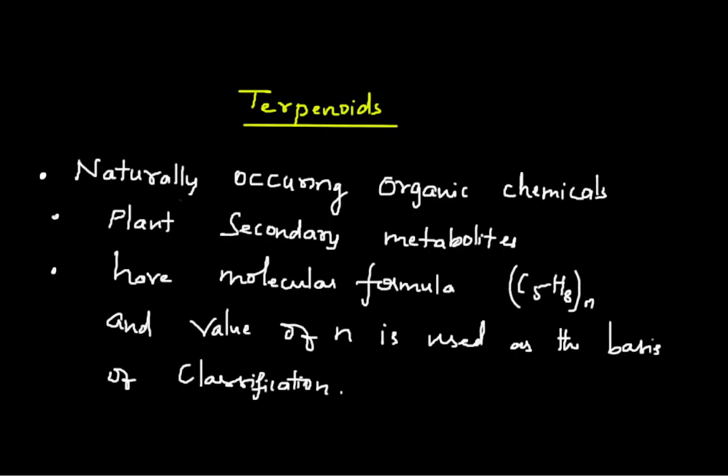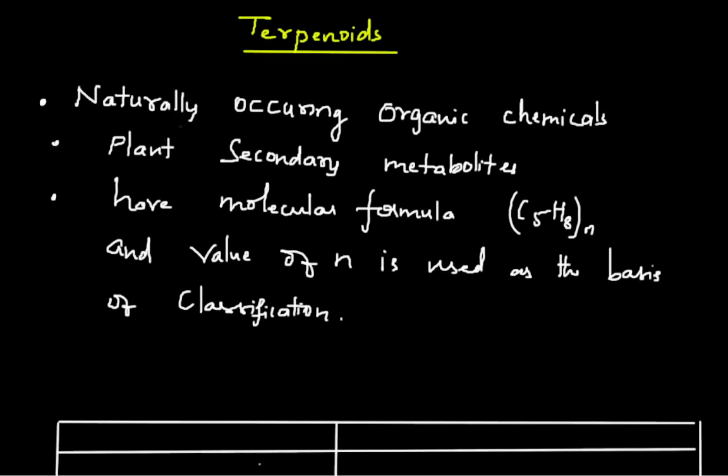So these terpenoids have been classified based on the value of N. So let us see how they are. What are the names that have been given? So based on the number of carbon atoms, and the class.